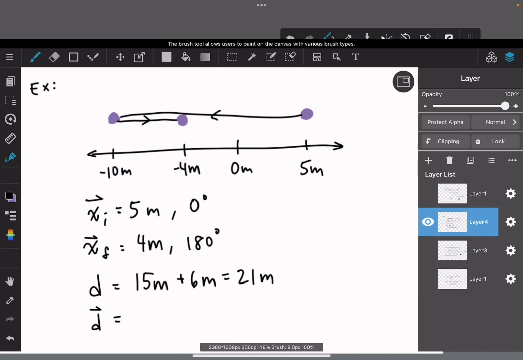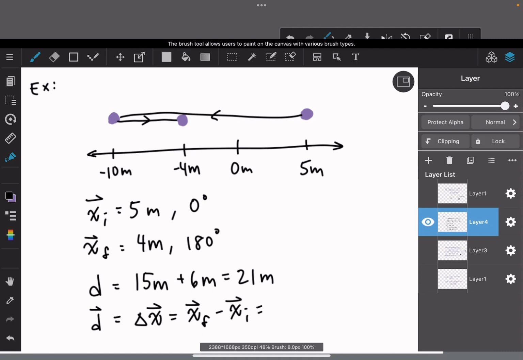Now let's move on to displacement. Remember, in displacement, you only care about where the ball started and where the ball ended up. So in other words, you care about the change in position, and that is equal to the final position minus the initial position. In this case, the ball ended up at the -4 meter line.